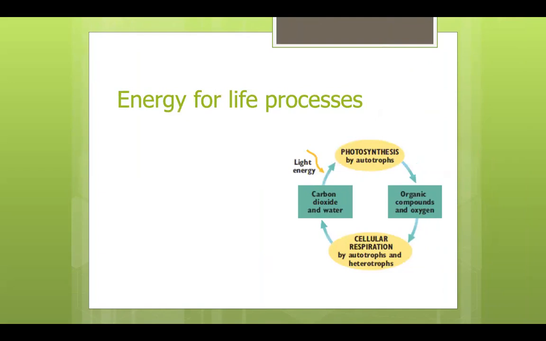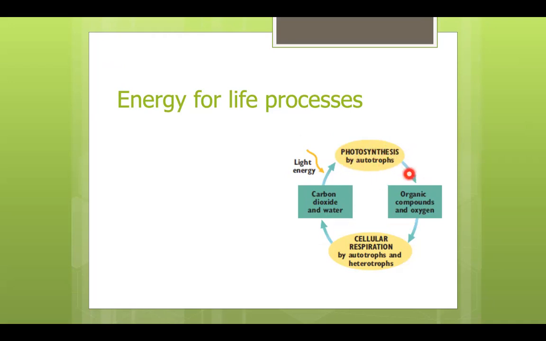So here's what I mean about these two processes being highly related. We refer to them as biochemical cycles because obviously it's a cycle and it involves both biology and chemicals. So in this process, we're going to look at how light energy is used during photosynthesis by the autotrophs.